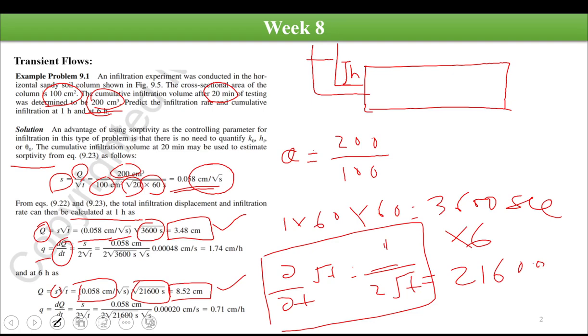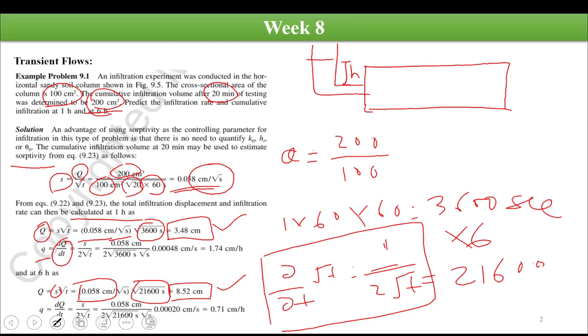T for 1 hour is 3600 seconds, okay, and so that will be equal to 4.833 times 10 to the power minus 4 centimeter per second.